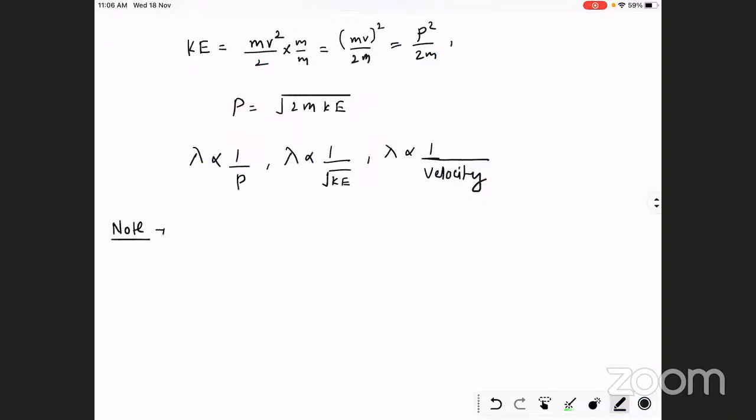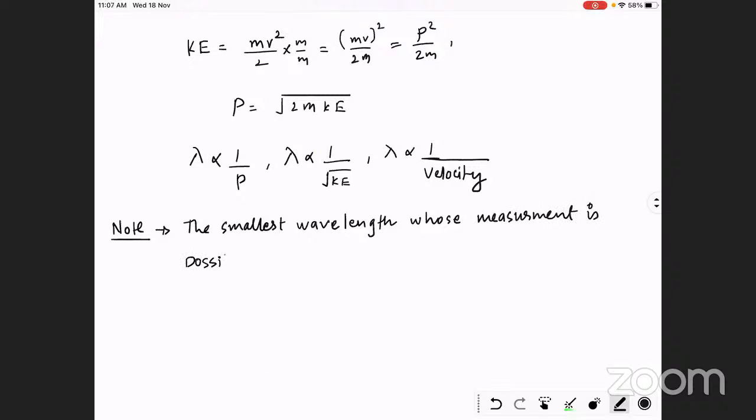The smallest wavelength measured possible is that of gamma rays.